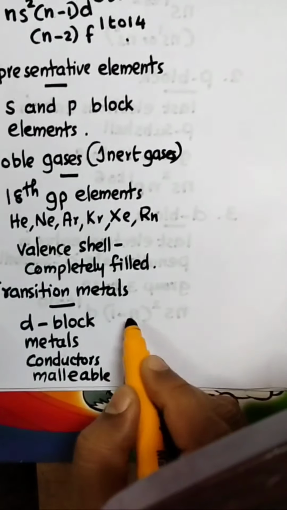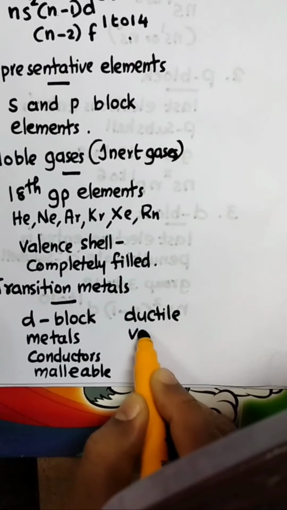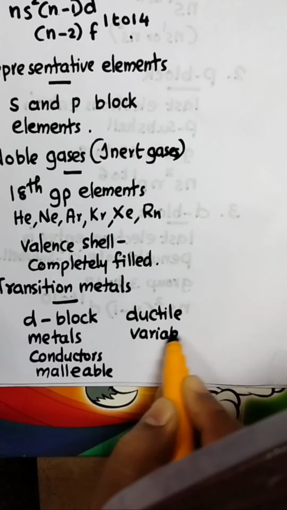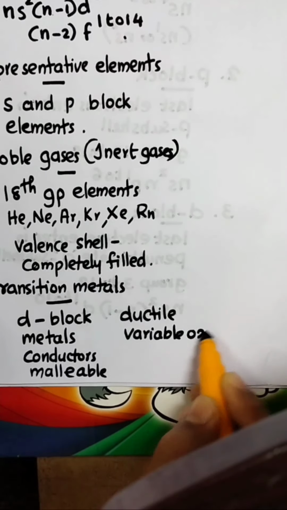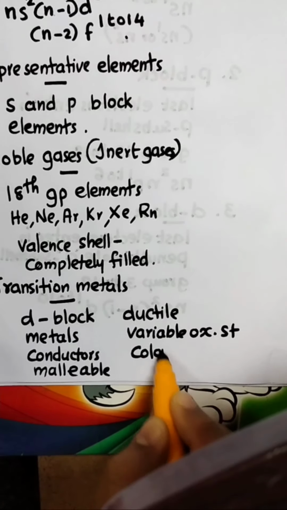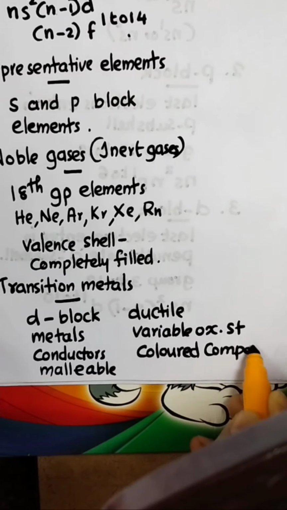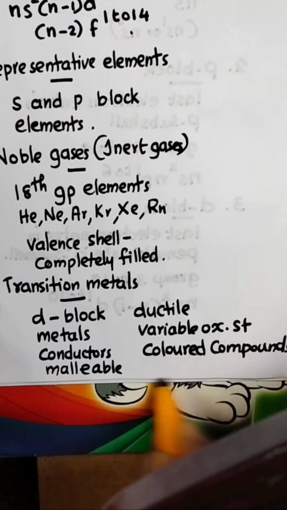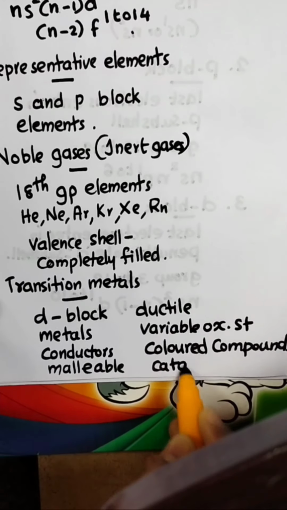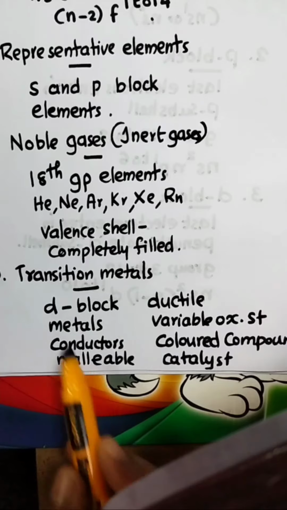They show variable oxidation state. They produce colored compounds. They act as catalyst. These are the properties of transition elements.